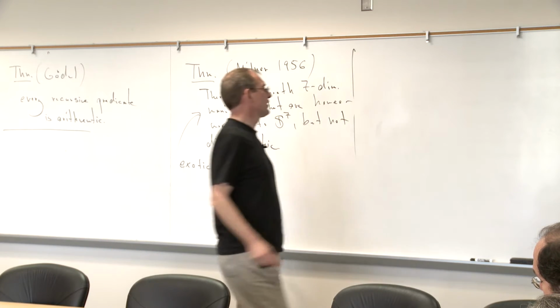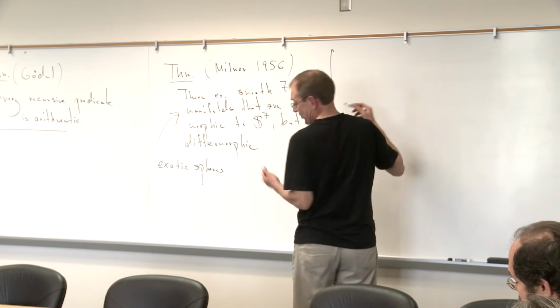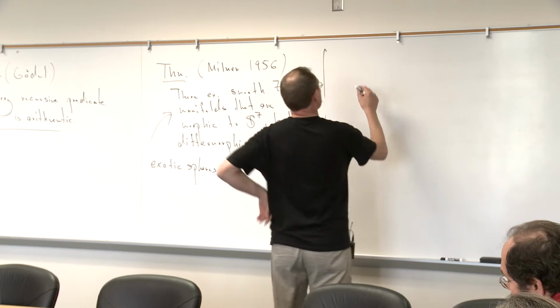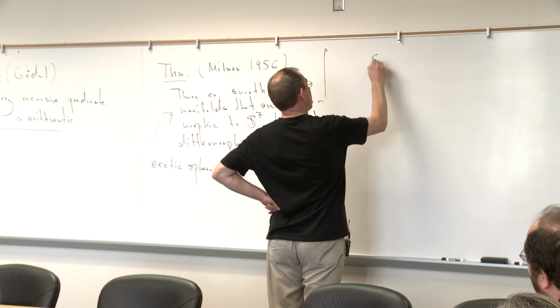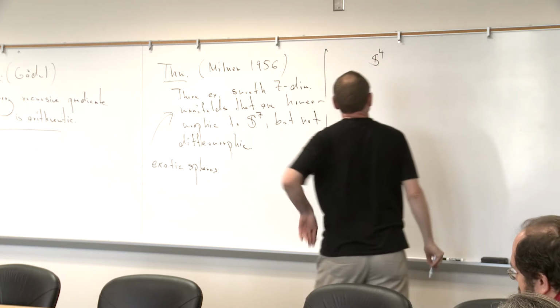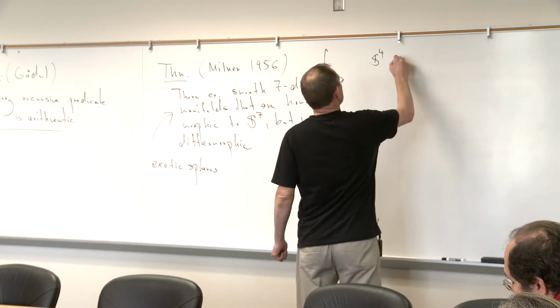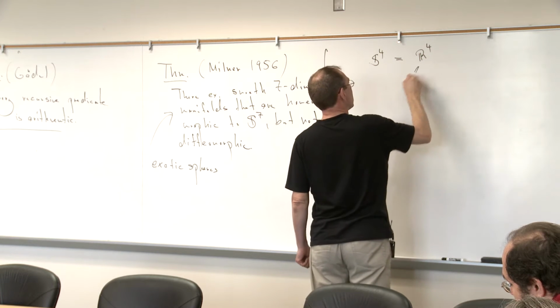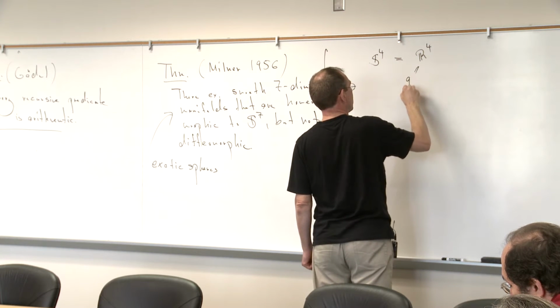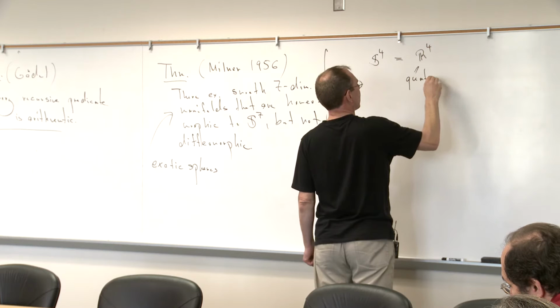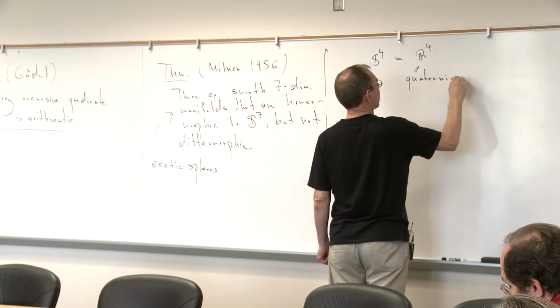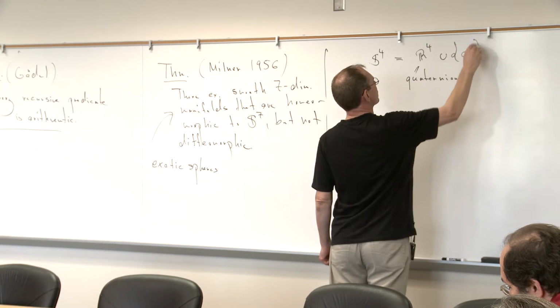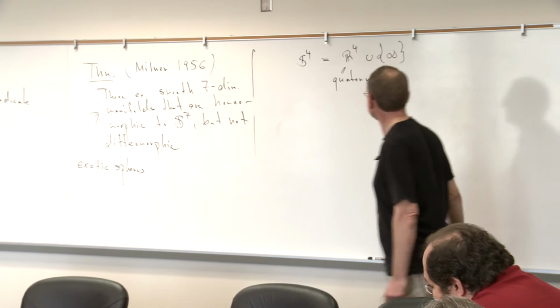And his idea is simply this. It has to do with the quaternions, so we'll come to this in a moment. But his starting manifold is just the four-dimensional sphere. And to bring in quaternions, he thinks of the four-dimensional sphere as R^4, and R^4 really is the quaternions, plus a point at infinity added.